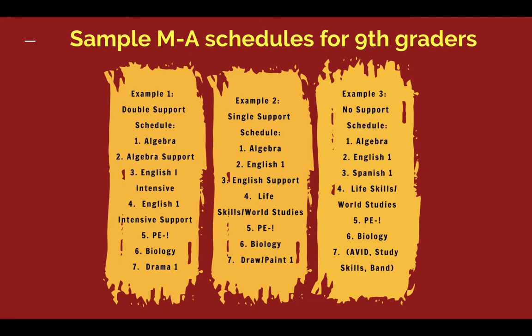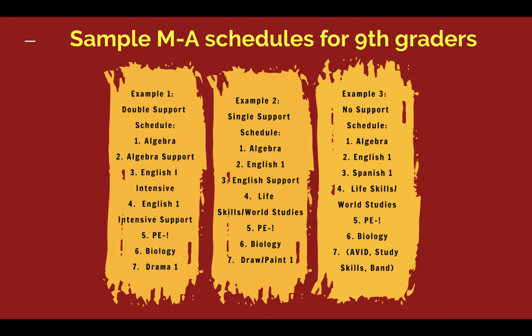Here are some sample MA schedules for 9th graders. The student on the left has 2 math classes, 2 English classes, PE, biology, and an elective. The student in the middle has 1 math class, 2 English classes, their social studies class, PE, science, and an elective.